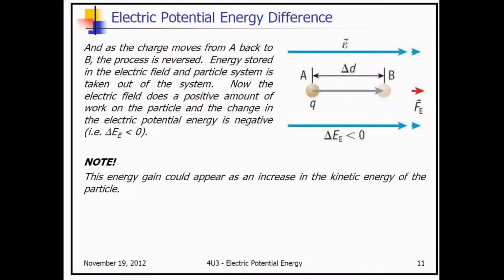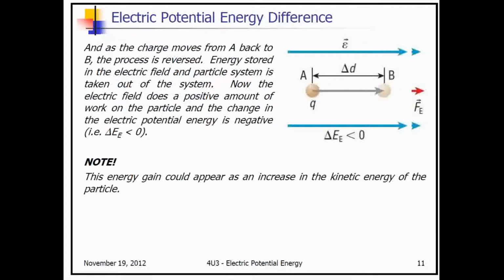And as the charge moves from A back to B, the process is reversed. So the energy stored in the electric field in the particle system is taken out of the system. So now the electric field does positive work, and this increases the kinetic energy of the particle. Consider it this way.